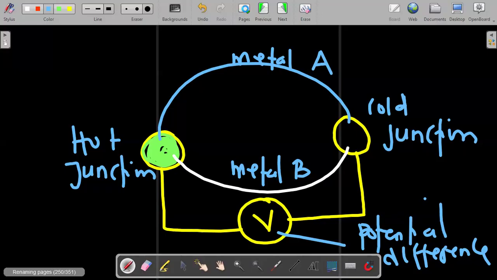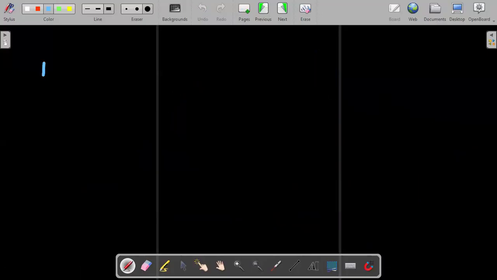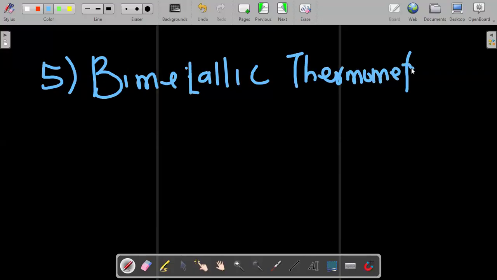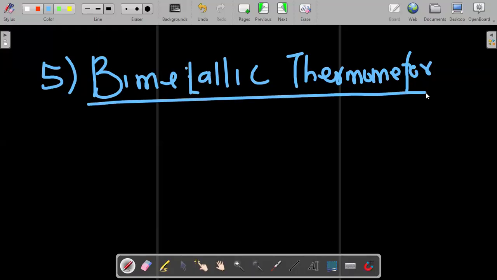Lastly, we have the bimetallic thermometer. This kind of thermometer is what you find in your electric iron.